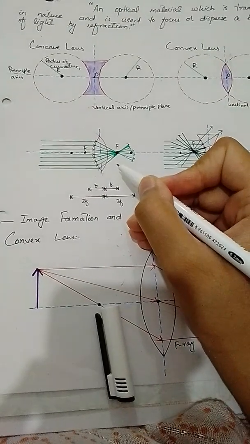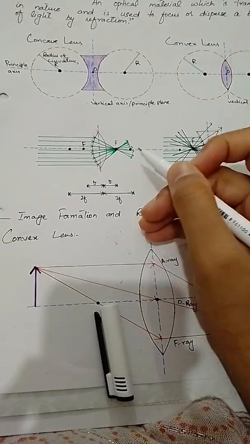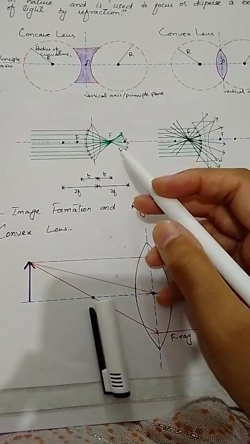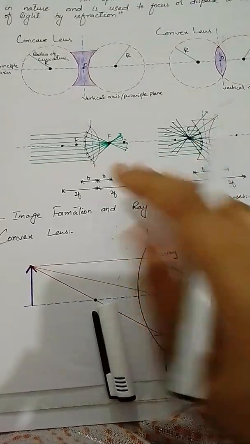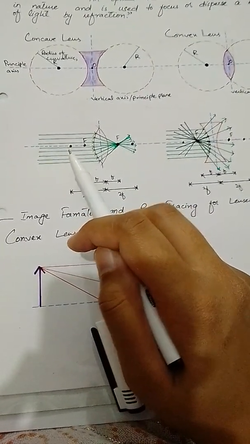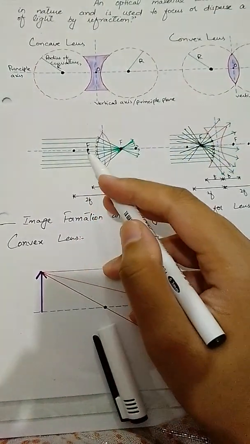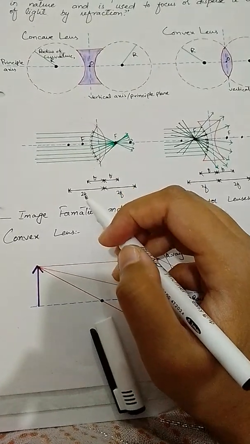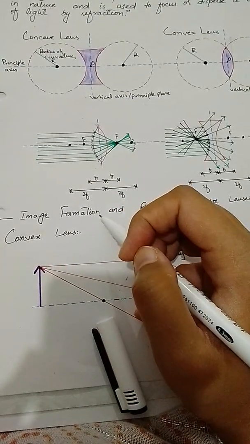If there is no center of curvature, then how would we define a focal length? Focal length is half of the radius of curvature. If there is no center of curvature, how would we determine where the focal point lies? We are going to use 2f, twice the focal length, so that if we are given 2f, we can easily find f by dividing it by 2.